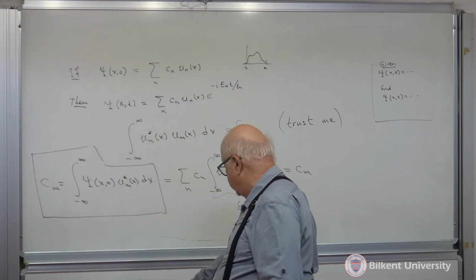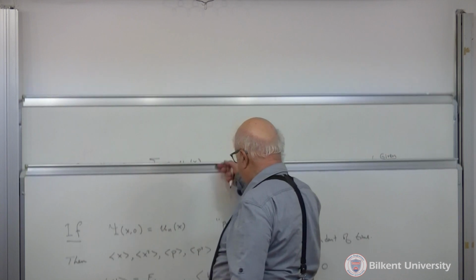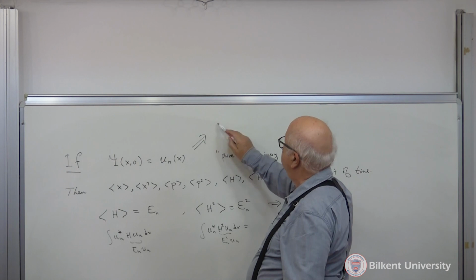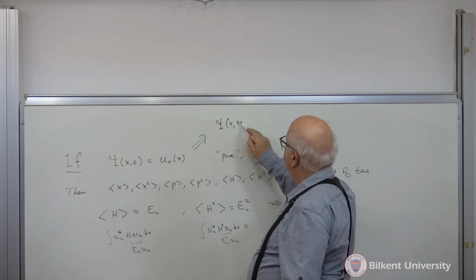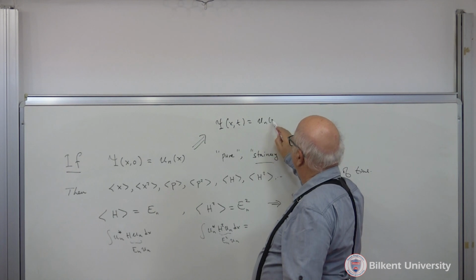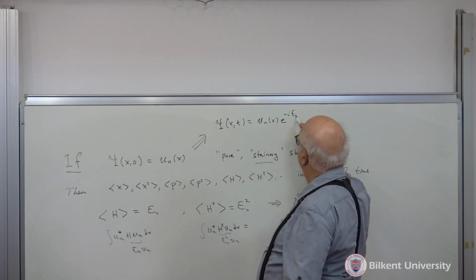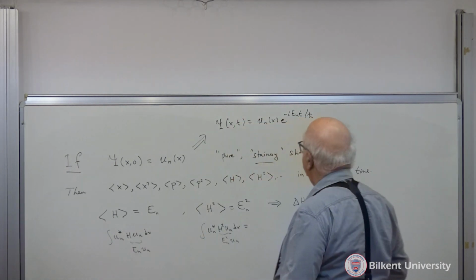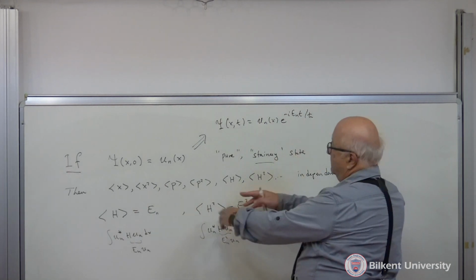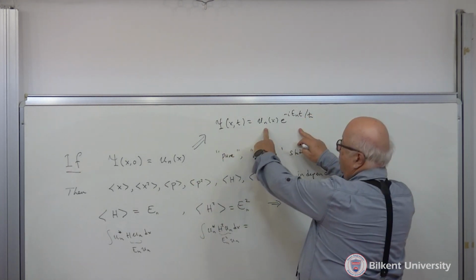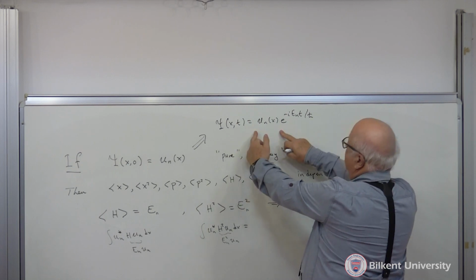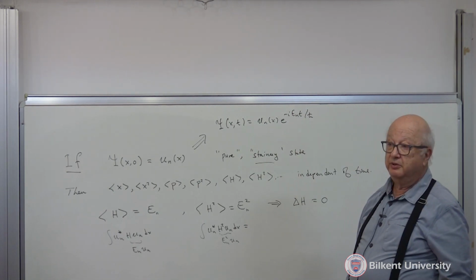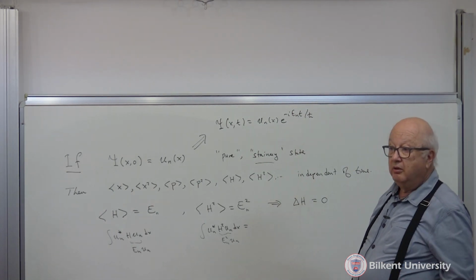If this is psi(x, 0) equal to u_n(x), obviously this implies that psi(x, t) is equal to u_n(x) e^(-iE_n t/ħ). So time dependence is still there. But when you are evaluating these averages, since you have just one term, and since it comes once with a complex conjugate and once as itself, this phase term just disappears. That's why.